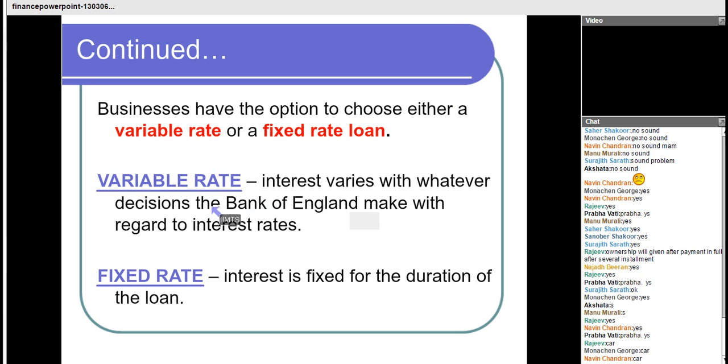Variable keeps on fluctuating, and it may be fixed also. Like if the loan is taken for a period of 10 years, then throughout the span of 10 years, the interest rate may be the same. And in a variable rate, if the interest rate prevailing in the market is low, the interest rate may be low, and if it's high, it may again be high.